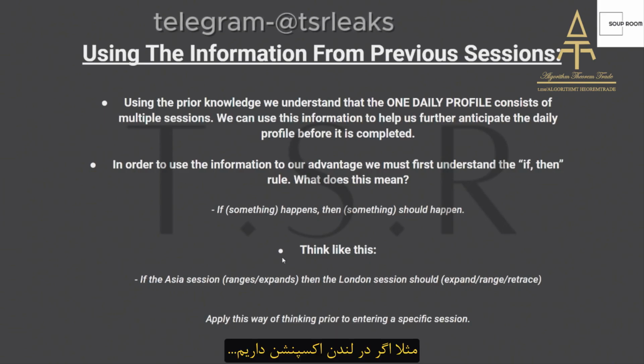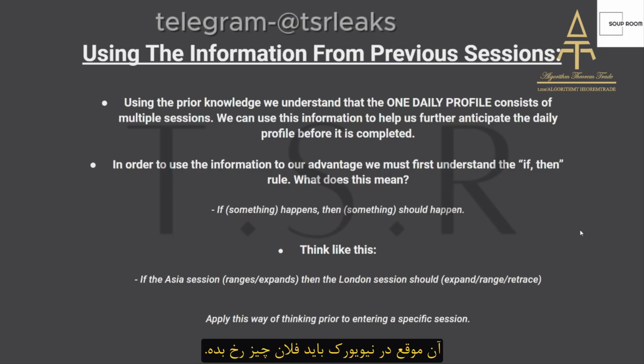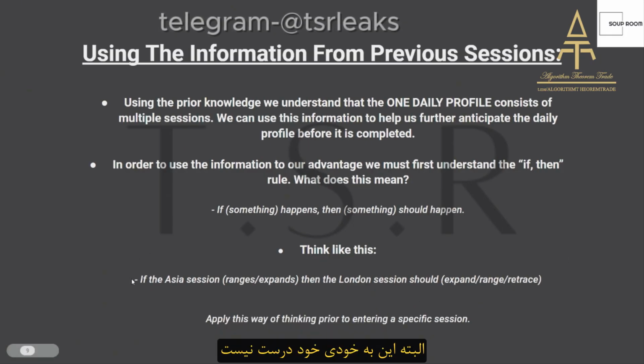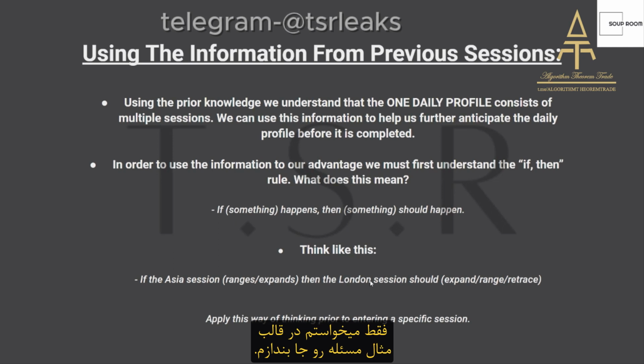That's all it means. So if London session is expanding, then New York session should do something else. Okay, so think like this. If the Asia session ranges or expands, then the London session should expand, range, or retrace. Now, this is not correct. This is an incorrect statement. I was just giving options here, trying to put the idea of what the if-then rule actually is.